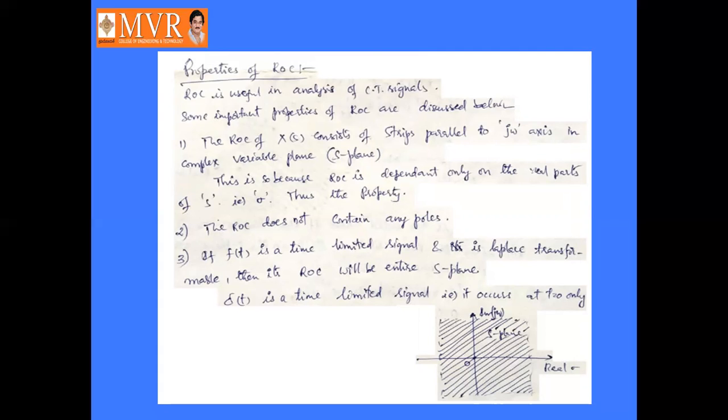Some important properties of ROC are discussed here. So the first property is the ROC of X of s consists of strips parallel to the j omega axis in the complex variable plane, that is also called the S plane.